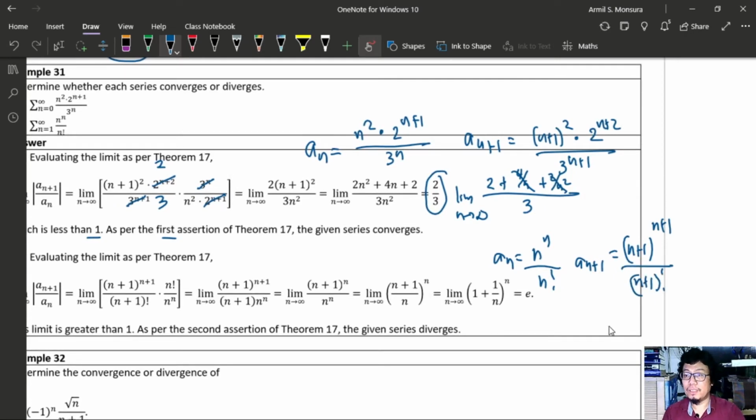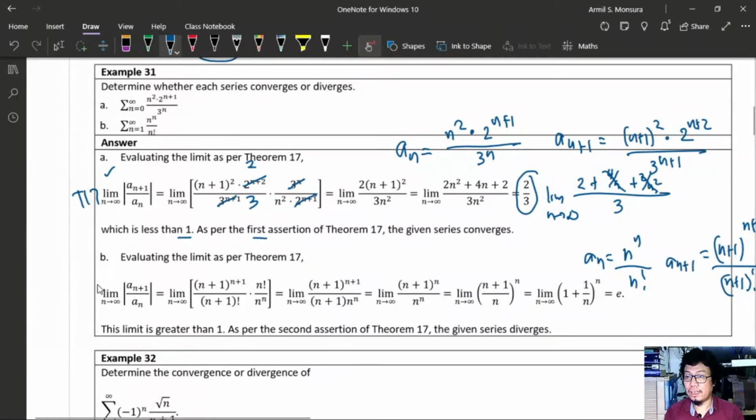So by Theorem 17, if we set up this expression to evaluate this limit, we will have (n+1) raised to n plus 1 over (n+1) factorial, multiplied to the reciprocal of a_n, which is n factorial over n raised to n. Now, we see that this can cancel out, and what is left is n plus 1.